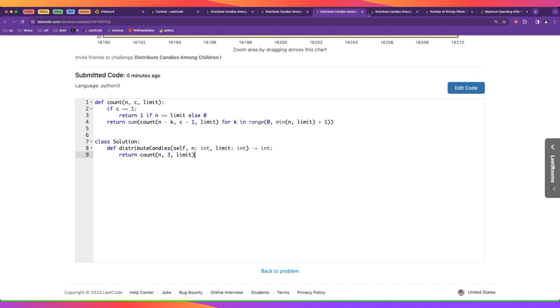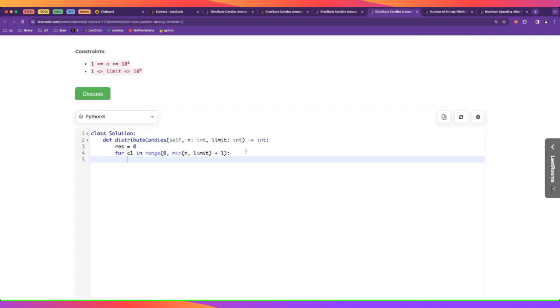So we had the upper bound, which was a minimum, and the lower bound, which was a maximum with 0.